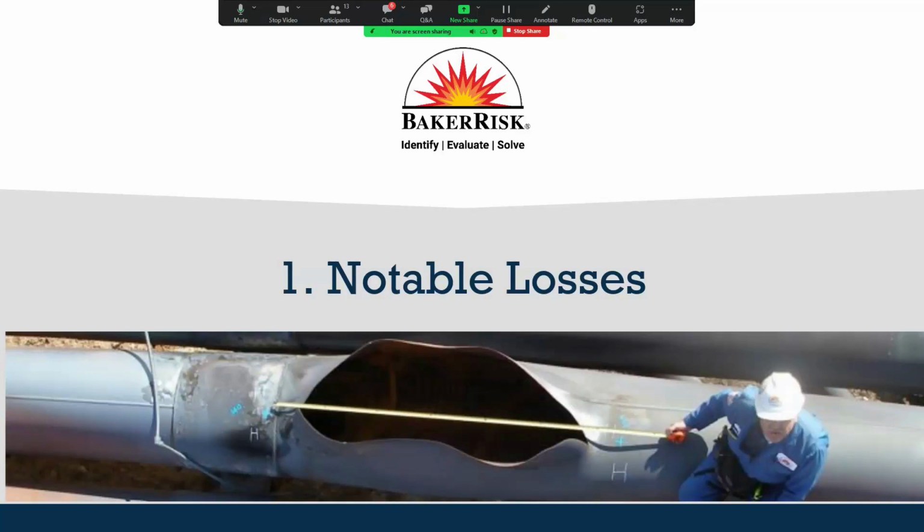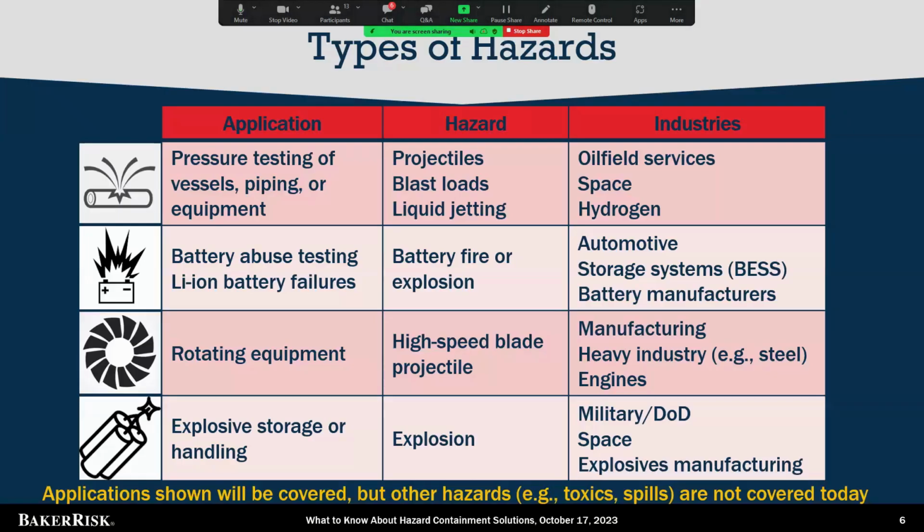Okay, so first, some notable losses. I want to start this section with a brief overview of the types of hazards that will be discussed today. Those are shown in the table here. The first one is an application of pressure testing or vessels, piping, or equipment that are under high pressure of different types of fluids.